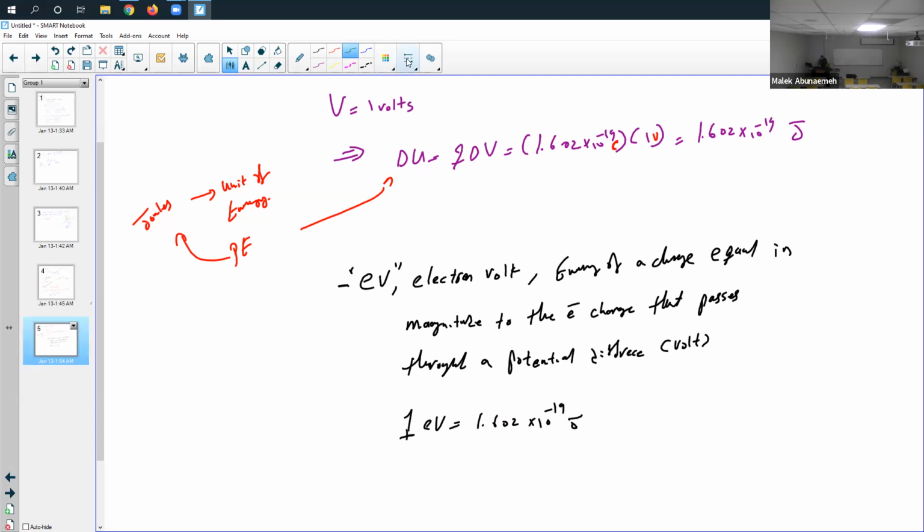Now, you may be asking, why are we using electron volts? Why don't we just keep it with joules? Well, when you're talking about atoms and particles, low charge particles, you're talking about 10 to the negative 8, negative 9, with a potential difference and kinetic energy that low.